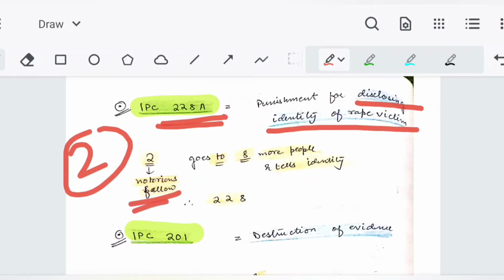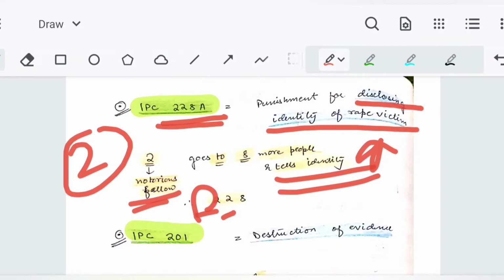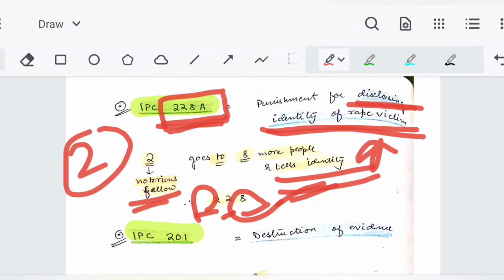He goes to another 8 people and tells the identity of the rape victim. So 2 goes to 8 more people and reveals the identity. So 228A is punishment for disclosing identity of a rape victim.